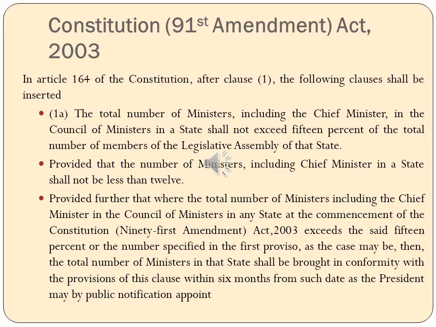It should not exceed 15% of the strength of the Vidhan Sabha, and at the same time it should not be less than 12. So at least 12 members should be the ministers of that particular state, plus the number of ministers cannot exceed 15% of the total strength of the Vidhan Sabha.